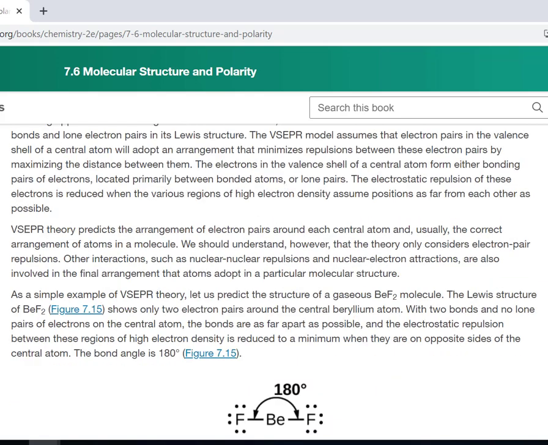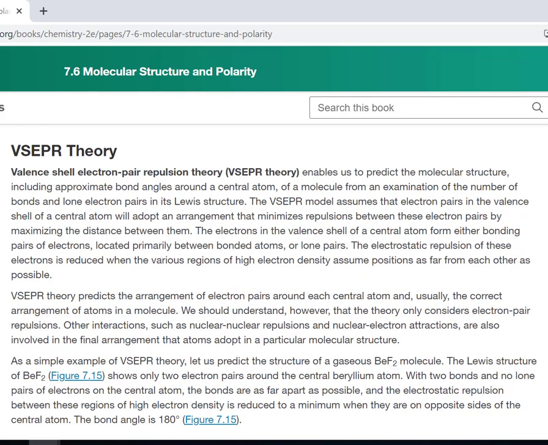So how we go about using the Lewis structure format to come up with the shapes of molecules is something called VSEPR theory, valence shell electron pair repulsion theory. This sounds like a lot of really big words, but it turns out you already know what they all mean. The valence shell electron pair, that is the Lewis structure itself. When you draw a Lewis structure, you're showing the pairs of electrons, and that's all we care about.